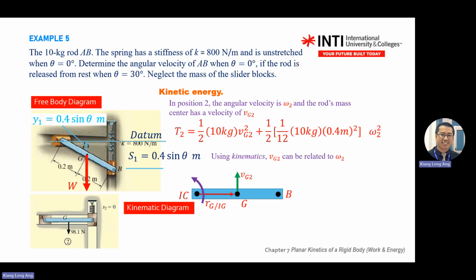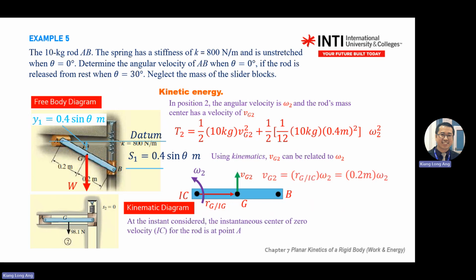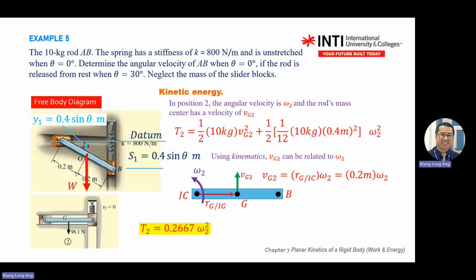This is your omega. This is the r. So your v2 is r omega. r is 0.2. The length of this length is 0.2. Multiply by the omega, you get your v. Put this one here. The whole equation, you have only one unknown, omega 2. So the T2 will reach this one.